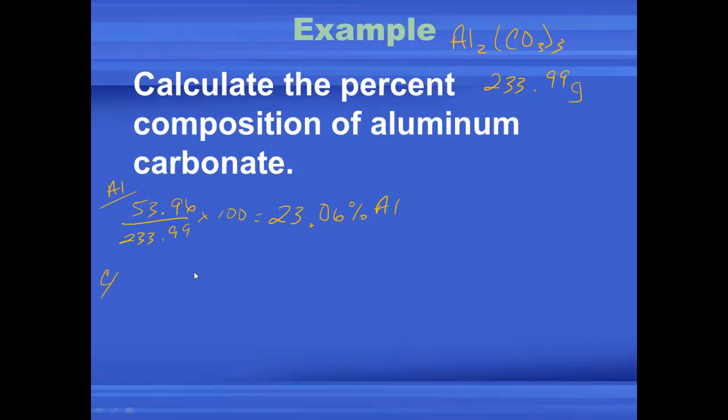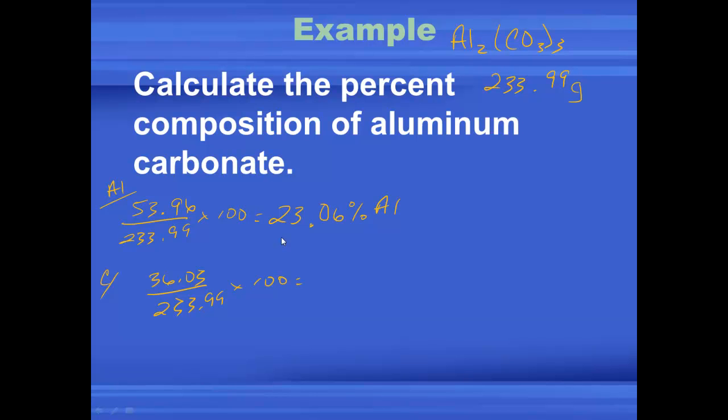So here's my carbon next. I do 3 carbons. My 3 carbons were 36.03 divided by the 233.99 times 100. Okay, and I do that math.